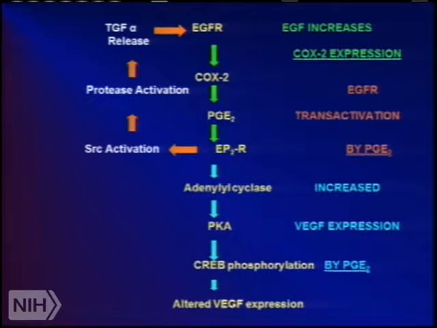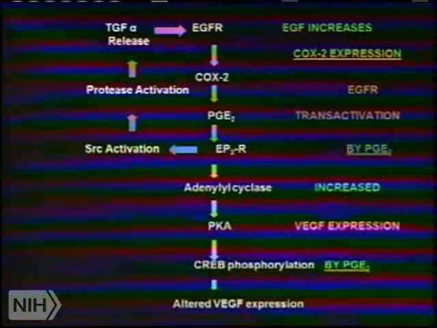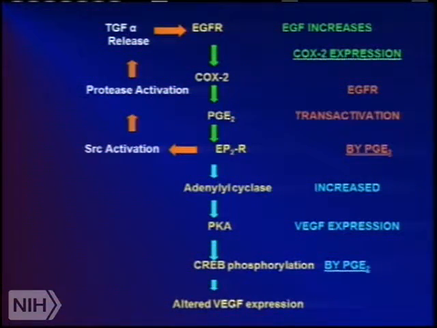And so we have a cycle then, a growth-promoting cycle, an autocrine growth cycle, working through prostaglandin E2. So this works very well in the small tumors, and then when the tumors get big, then we go down to this part of the process, increasing VEGF production, leading to increased angiogenesis, leading to growth of even bigger tumors.